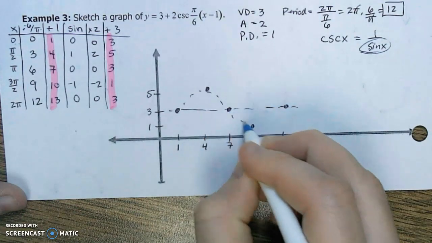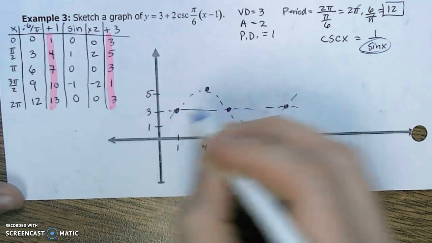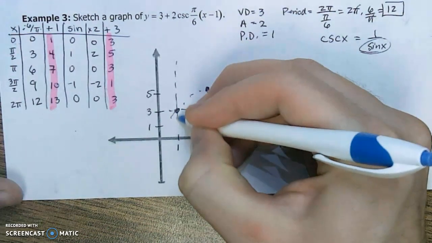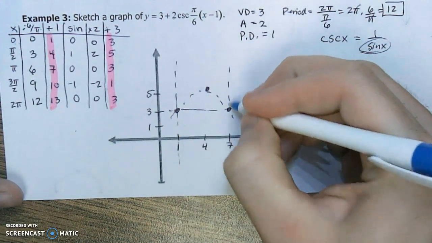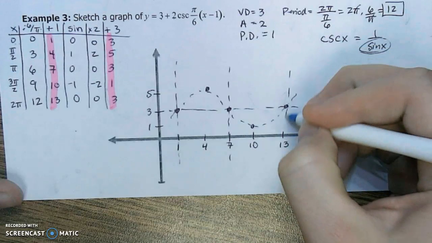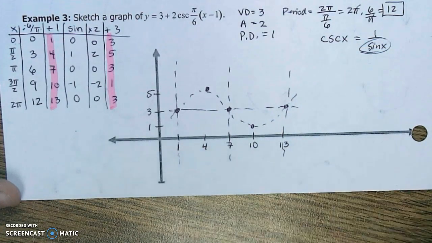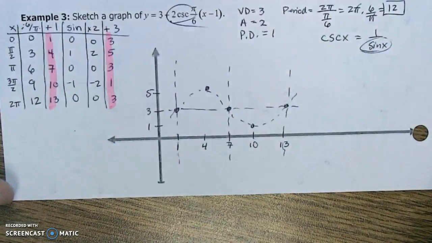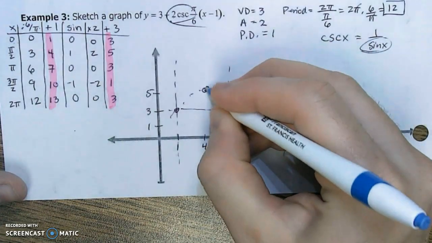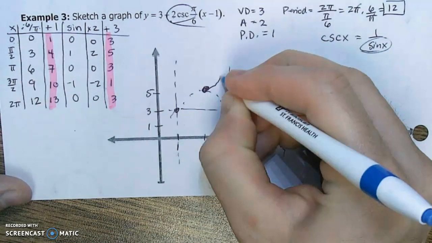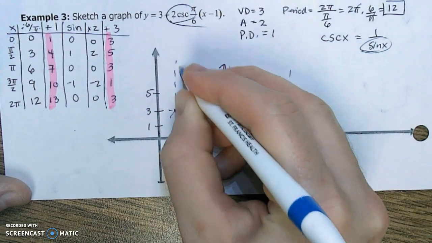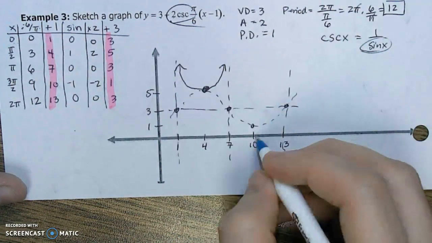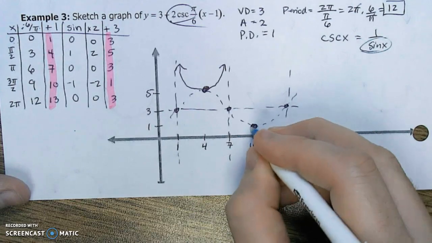Make a dotted curve. Draw your asymptotes wherever the sine wave crosses the sinusoidal axis. So we have asymptotes at 1, 7, and 13. And then we draw our cosecant curves, which at 4 will start at 5 and curve up. And then at 10, it starts at 1 and curves down.